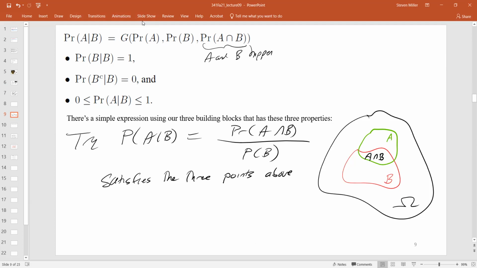And then if we want A to happen, given that B happens, that's this region over here. What we're essentially doing is rescaling the probability so that the probability that B happens is 1. So we're essentially just multiplying by 1 over B.